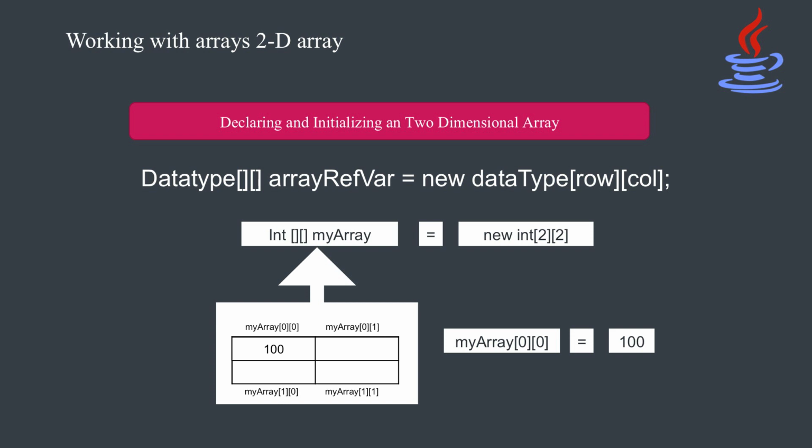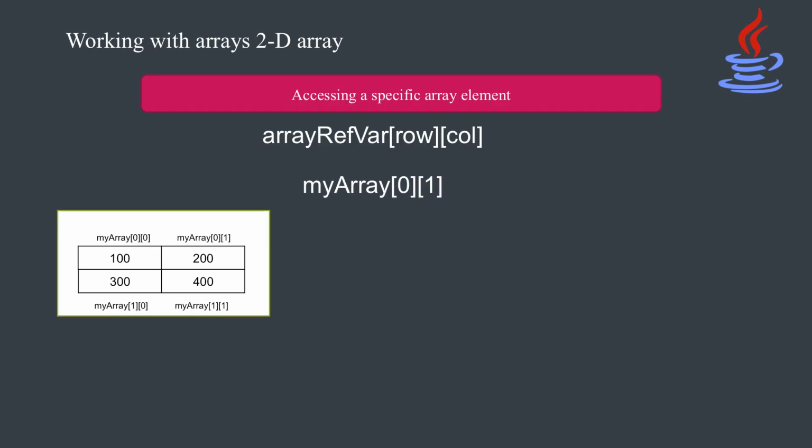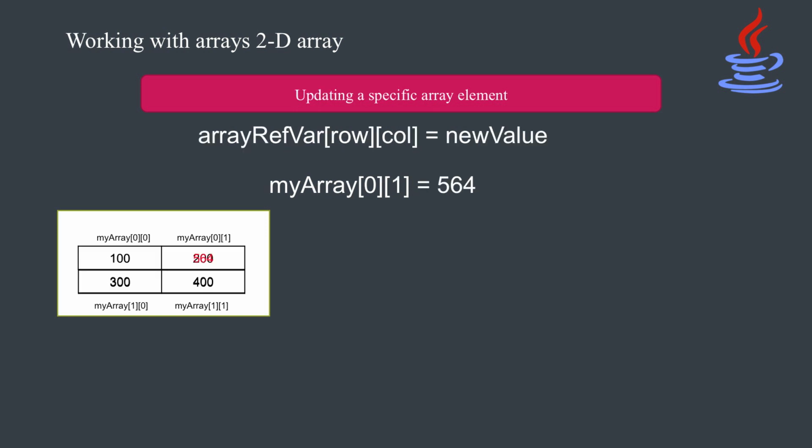So zeroth array, zeroth element, right? So we put the data. So same way you put the data for the other elements. Now if you want, you can access any element in a two-dimensional array by mentioning its indexes, and if you want to update the data, it's again on the basis of indexing, right?